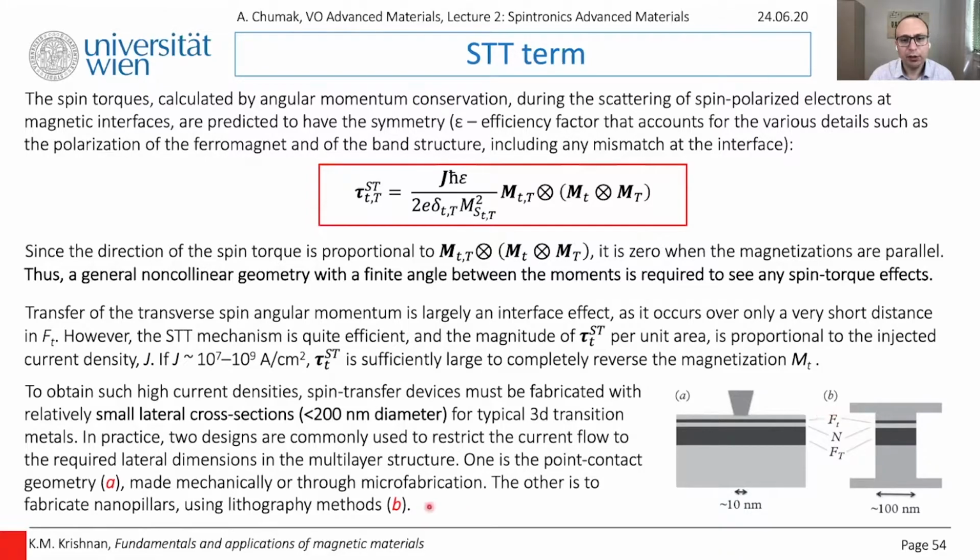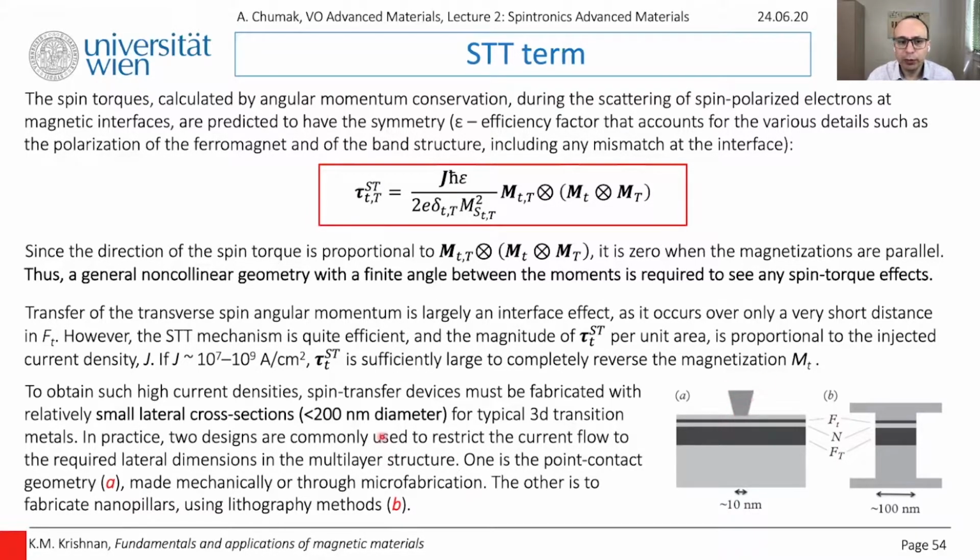The first one is a point contact geometry made mechanically or through microfabrication. So it means that you have a layer of hard magnetic material, so fixed layer, thick, then a spacer, and then you have a thin magnetic layer where you want to change magnetization, and then you can just create mechanically such a nano contact.